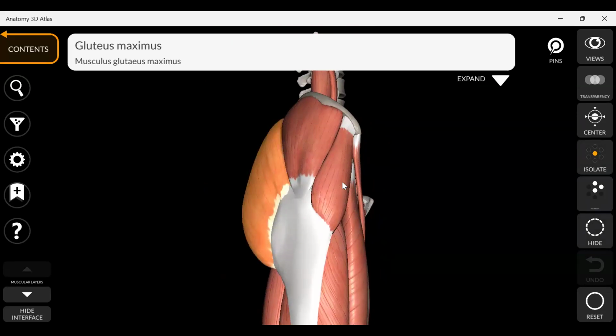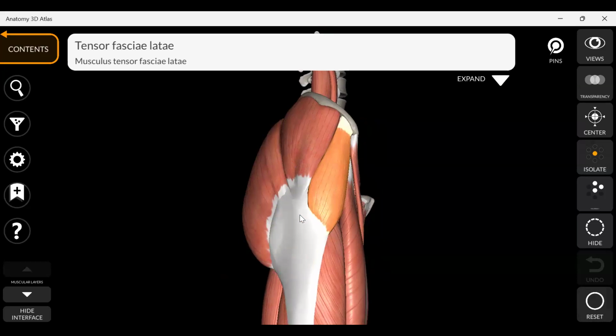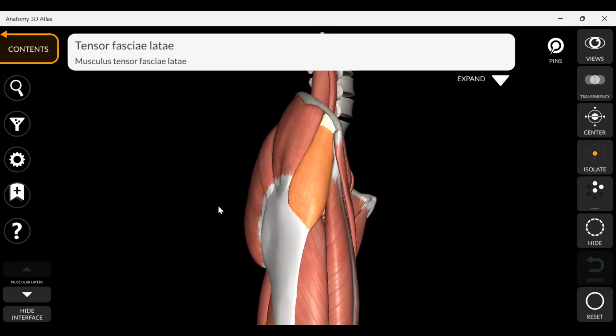And gluteus maximus along with the tensor fascia latae forms a deltoid-like appearance. Like in the upper limb we have the deltoid, in the lower limb we have the gluteus maximus and the tensor fascia latae. And along with this connective tissue, they act as a covering muscle. Okay, and this is known as the deltoid of Saraput.